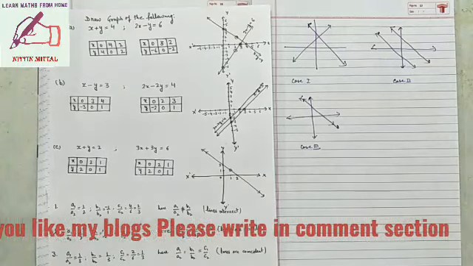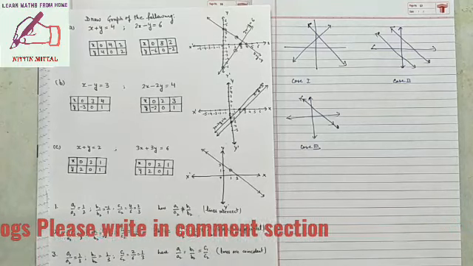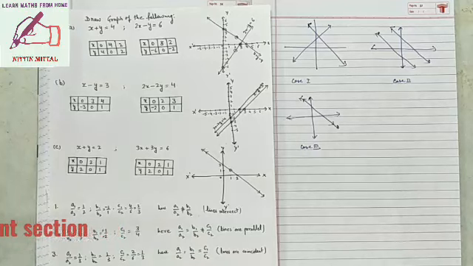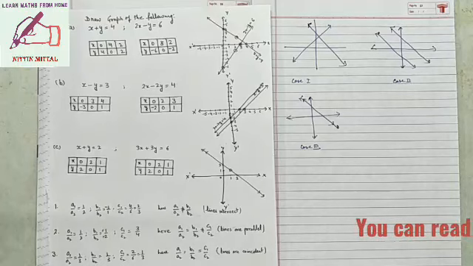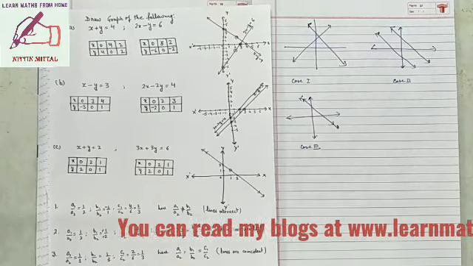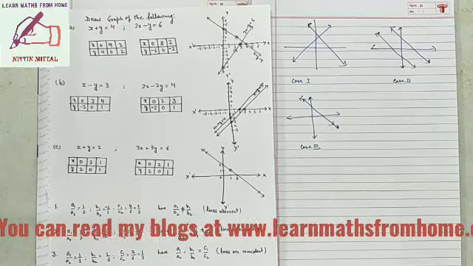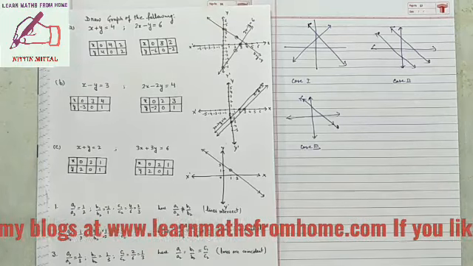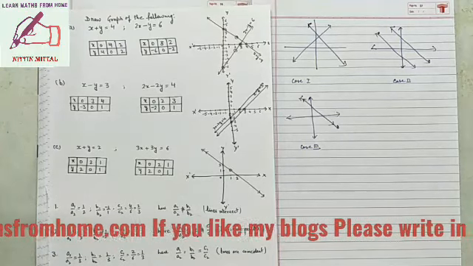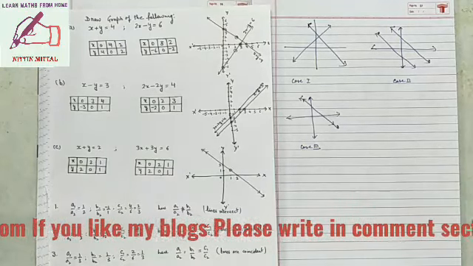So in this situation, whenever a1 over a2 is not equal to b1 over b2, we can conclude the equations will have a unique solution, one solution. And we can also conclude what the graph position will be. The graph of such equations will be intersecting lines. So you need not draw the graph, you need not find the solution.